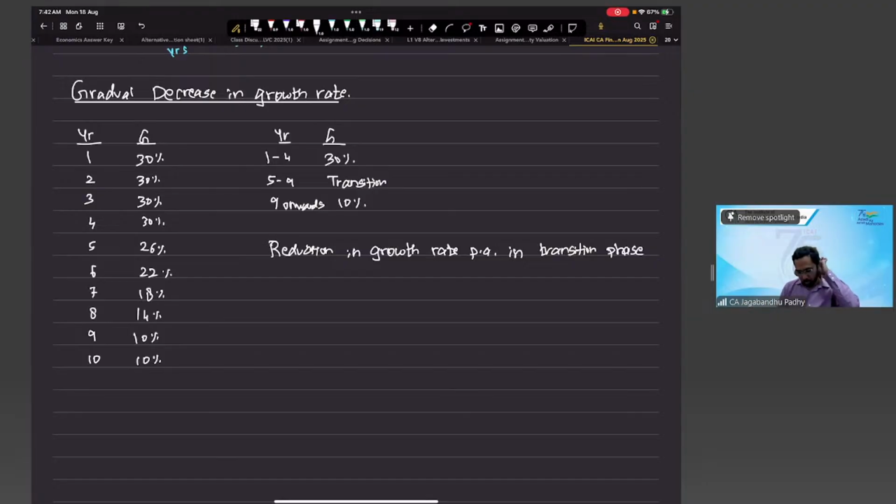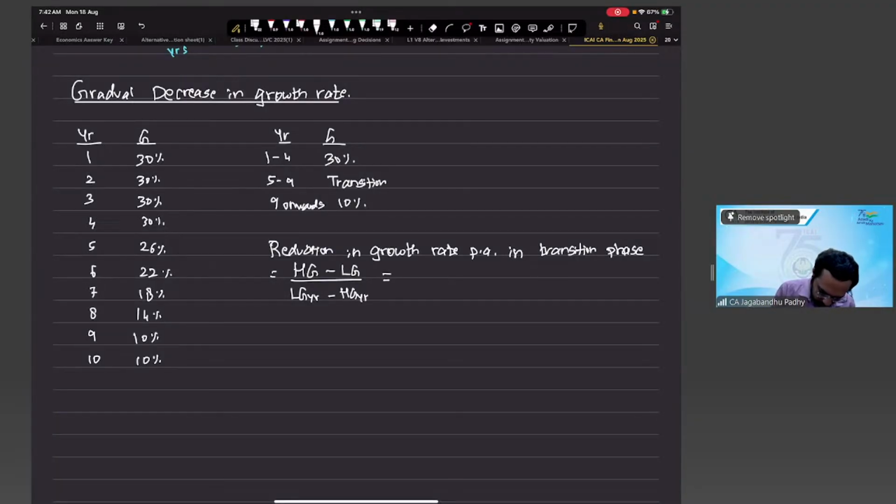Right? So the reduction in the growth rate per annum during the transition phase, we can actually calculate by a simple method. We say high growth minus the low growth number, divided by low growth year minus high growth year.